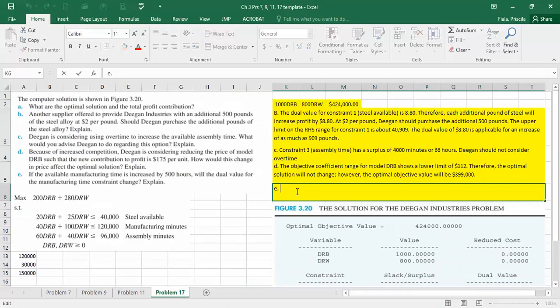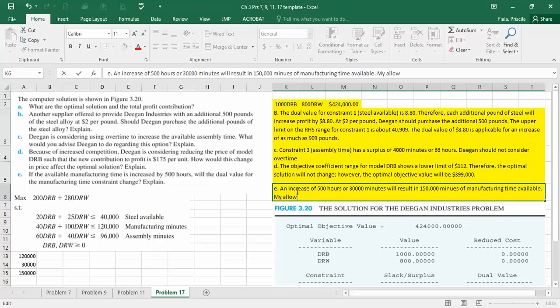How could I put this in writing? Something like an increase of 500 hours or 30,000 minutes will result in 150,000 minutes of manufacturing time available, right?